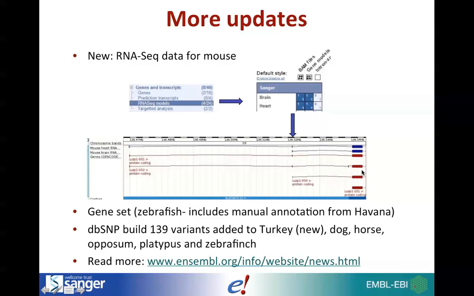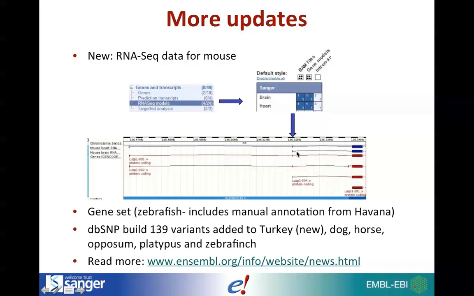So for example, I've got several transcripts here, 4 different splice variants for this LUZP1 gene. And then we've made transcript models from RNA-seq evidence alone, and I've got mouse heart RNA-seq models turned on, and also mouse brain RNA-seq models turned on.